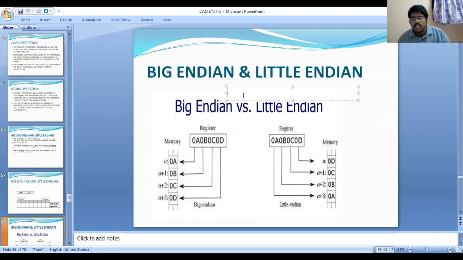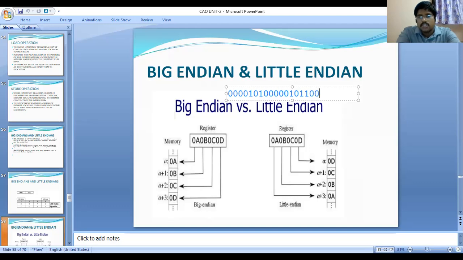Here 0A, 0B, 0C, something like that they have given. It is in hexadecimal. When you convert that into binary, how can we write? 0 can be written as 0000 and A means 10, 1010. I think you are very much familiar. Next 0, 0000. Next B, 11, 1011.